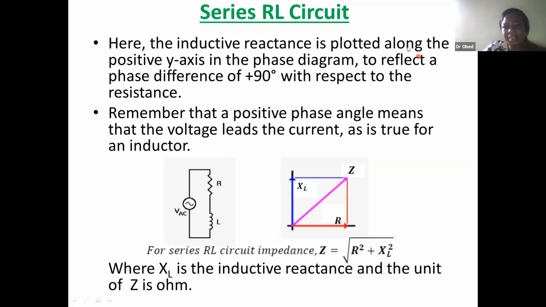The next slide. Here, the inductive reactance is plotted along the positive y-axis in the phase diagram to reflect a phase difference of plus 90 degrees with respect to the resistance.